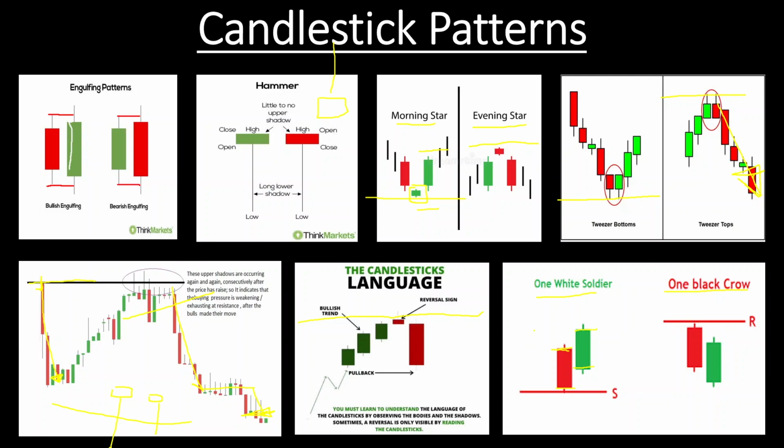So it's basically just the candle going in a diagonal kind of way, and then same with one black crow, it goes in this diagonal way. It shows that there's strong bullish momentum or bearish momentum, obviously, depending on which one you use.